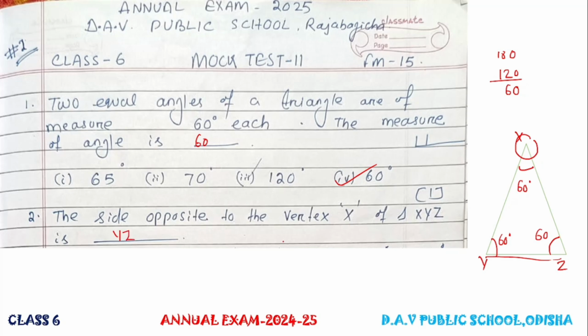Simply, if the question asks for the side opposite to the vertex X, cancel the X and write the remaining, that is YZ. If the question asks for the side opposite to the vertex Z, then cancel Z, the answer is XY. If the question asks for the vertex opposite to the side XZ, then XZ is cancelled and the answer is Y. Okay? Next.